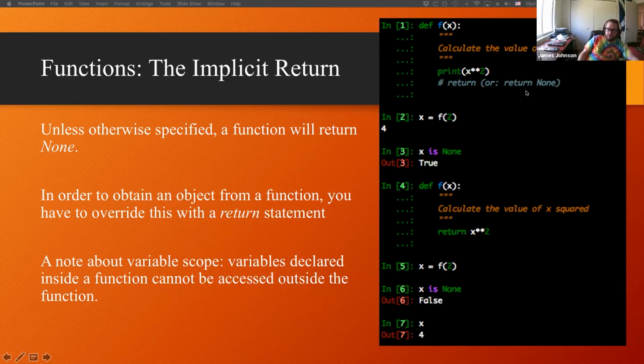If you just say return, you're going to get return None, or you can explicitly specify return None. So then I call this function, I say, okay, x equals f of 2. It prints the value 4, like it should. And I don't have an error saying I don't have a variable to assign to x, because this function returned a value of None. You can see I run x is None, and it spits out True. So if you need to get a value out of a function, you need a return statement.